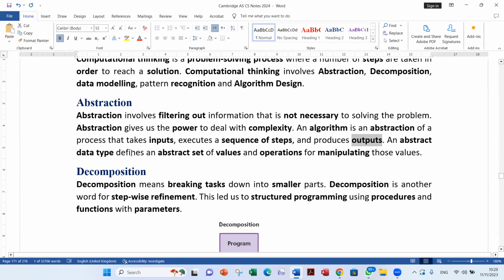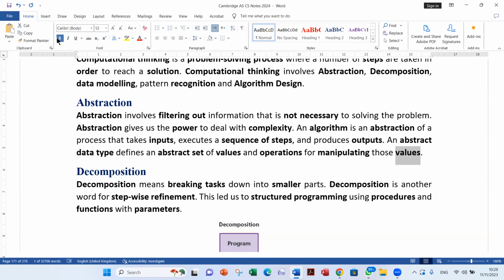An abstract data type defines an abstract set of values and operations for manipulating these values. Abstract data type is somehow taught in the new O level syllabus, for example the queue and the array.